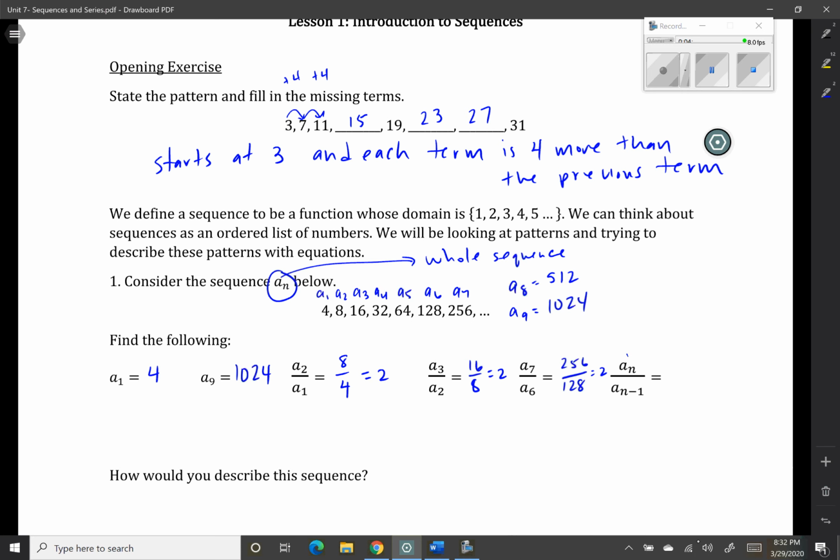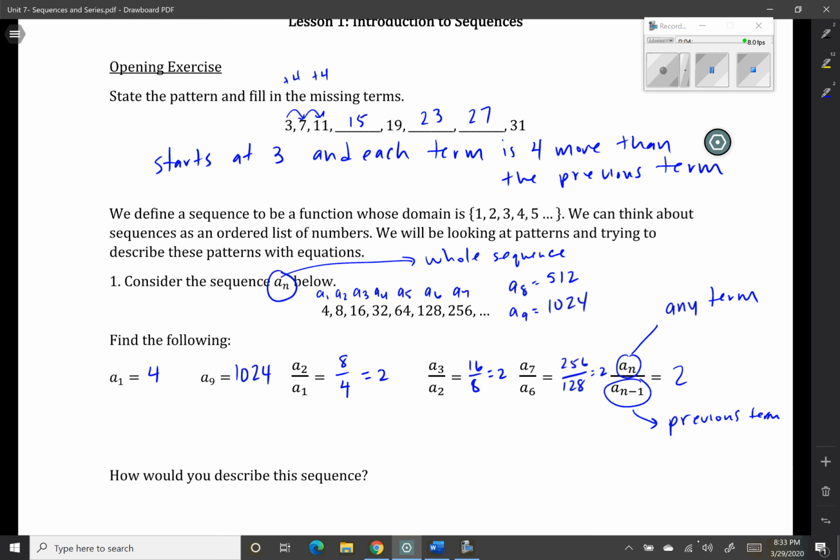So A sub n represents any term. A sub n minus 1 represents the previous term. It's basically saying what we just did here with numbers, but I'm just using variables to talk about any term.